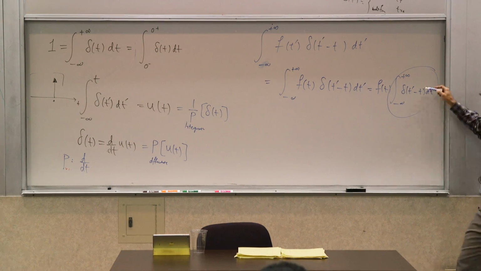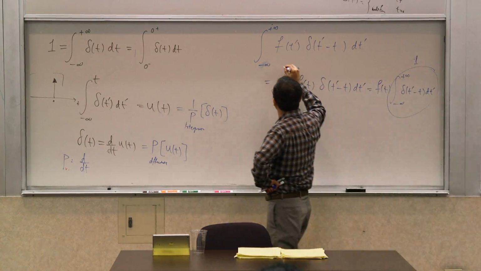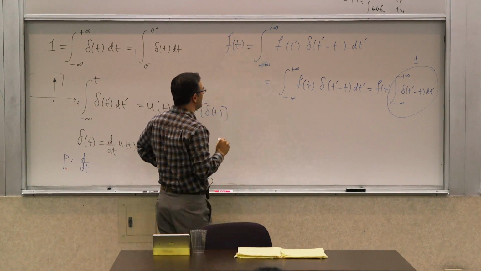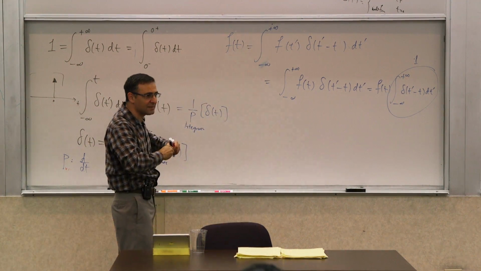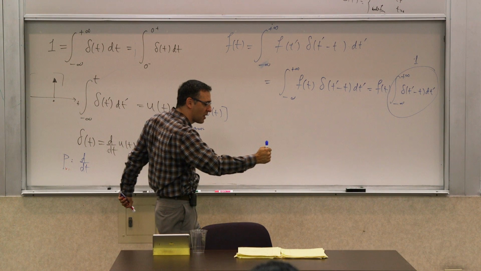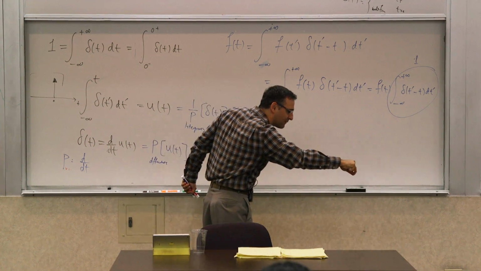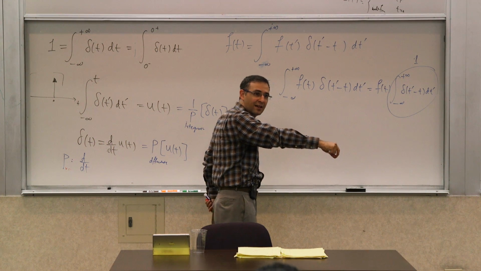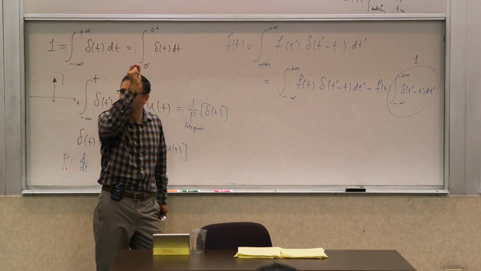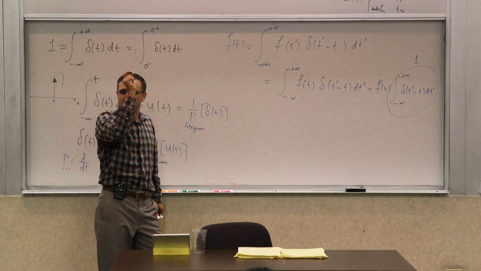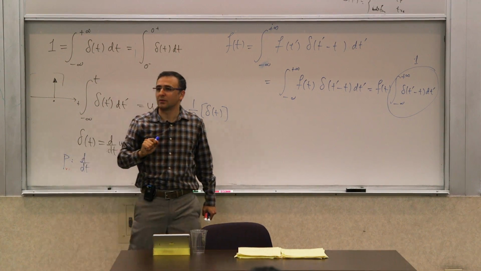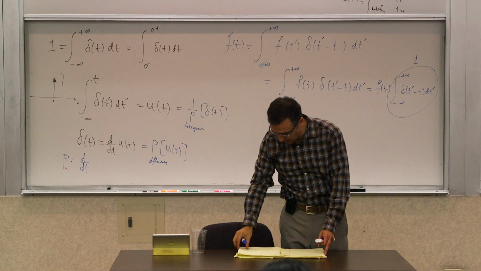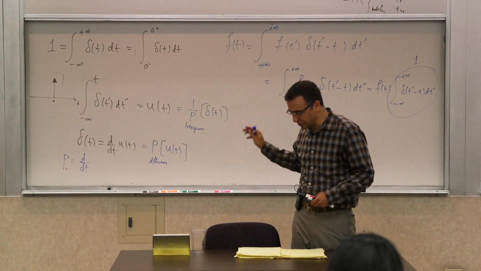So this is basically f of t. It means that this impulse goes and takes the value of that function at point t, sifts it out, and allows you to use it for whatever you are trying to do. We'll use this to do more and have a different interpretation of this next time.